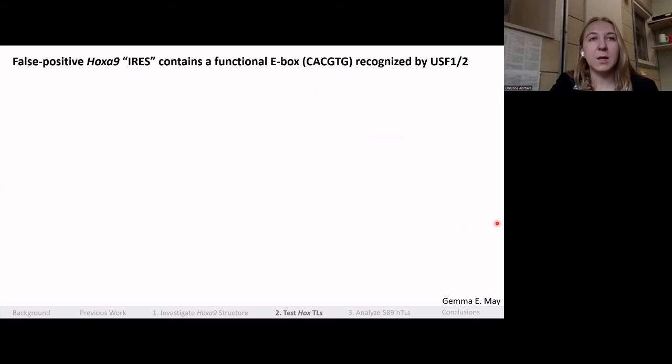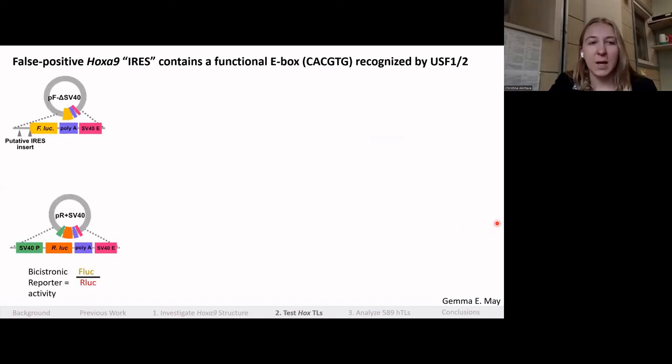So next we tested the hypothesis that the E-box motif contributes to promoter activity of the HOX genes. And to do this, we constructed two different plasmids. One plasmid had the R-Luc as a control, and the other plasmid had the F-Luc with the putative IRES insert, or now we know the promoter element.